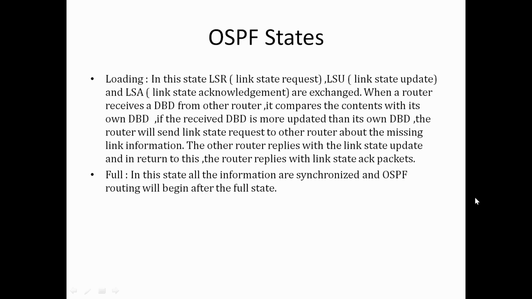So if a router requires a specific piece of information, it will send the link state request, and the other router will send the corresponding update to the OSPF neighbor.